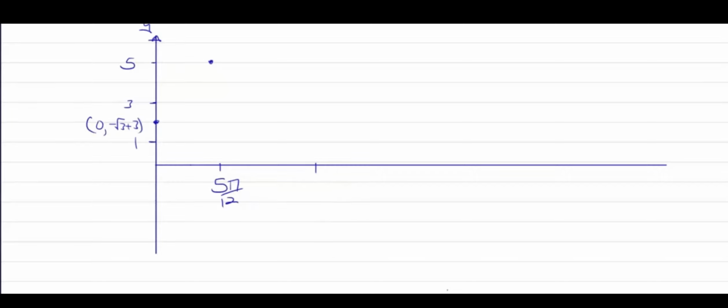So if we put the numbers in order, that's going to be 11π/12. So the next number must be 17π/12, and the last number was 23π/12 and 2π.